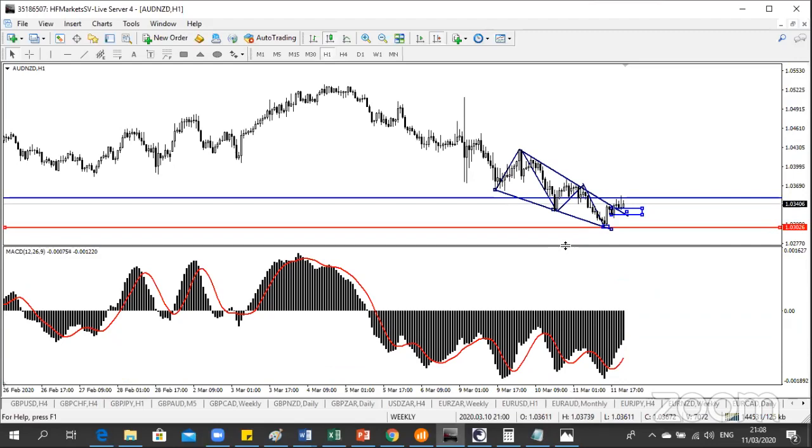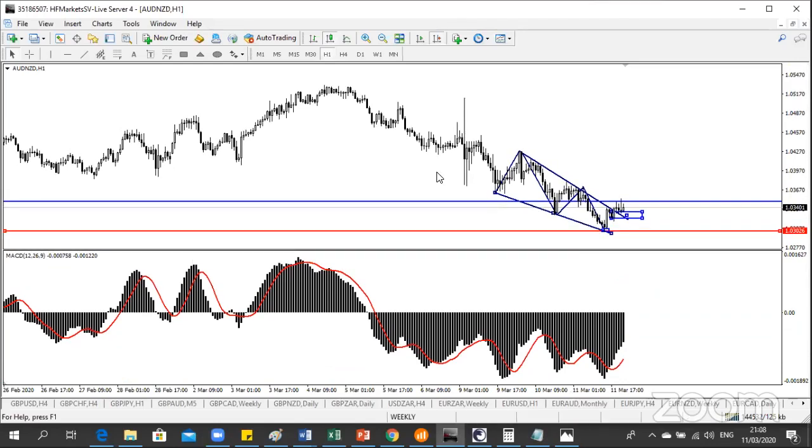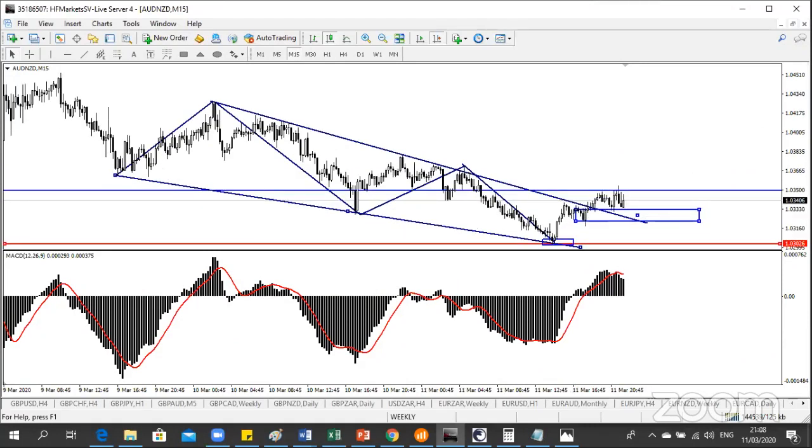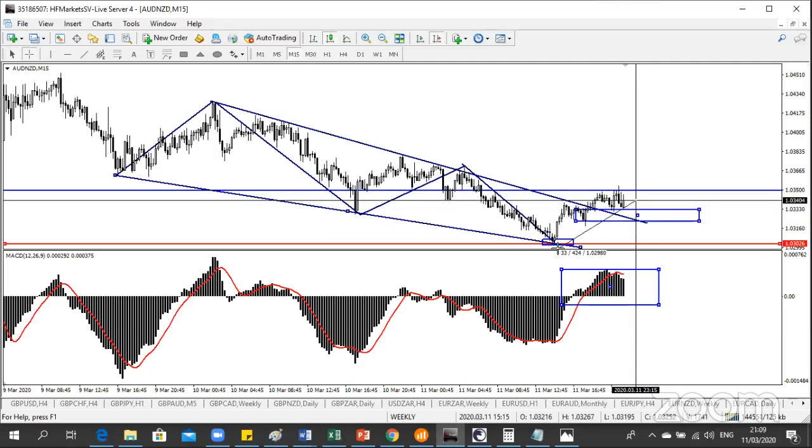And if you go to 15 minutes, you will see a break above your MACD. So that means the uptrend has started. So you just risk 1%. Don't fight. This is 40 pips to do 400 pips. AUDNZD. That could be a long-term trade though.